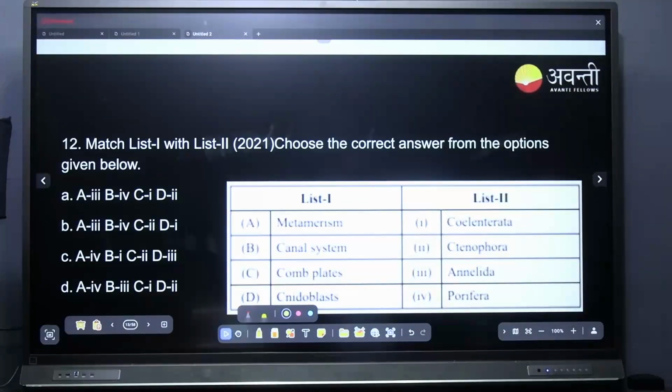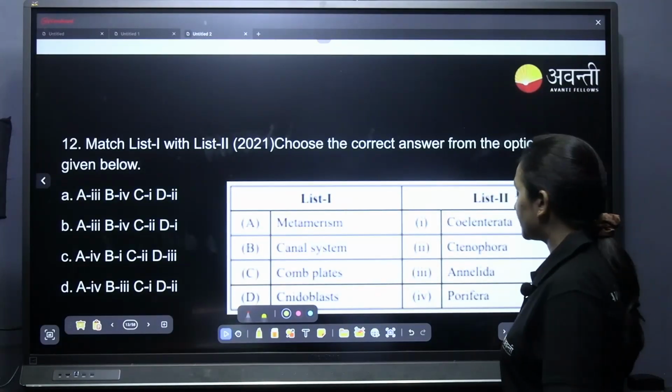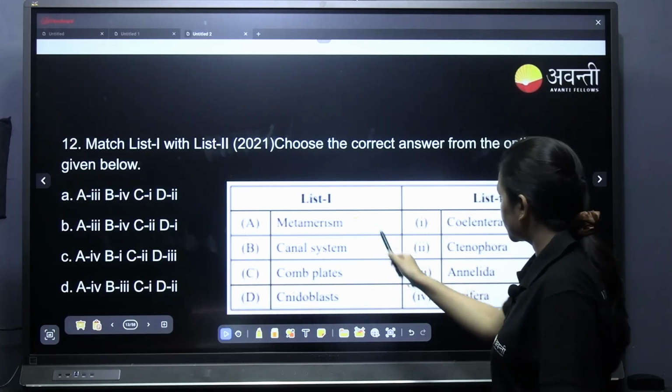Match the list. Metamerism is shown in annelids.